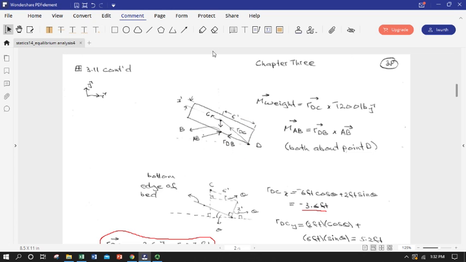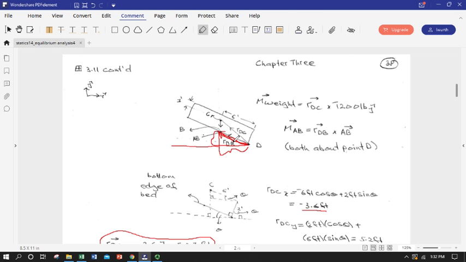So I'm going to be looking at, from point D, we have a horizontal. So I basically need to know this distance and that distance. I'm going to have a radius D to B along here.